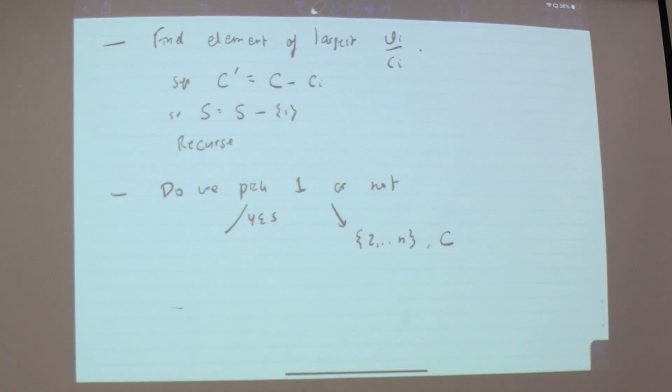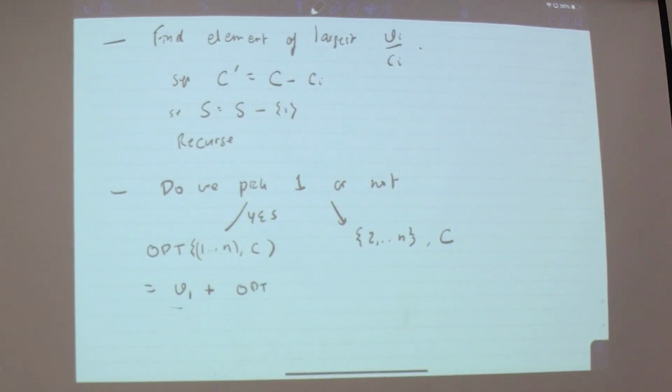Then the claim here is that the optimal solution on 1 through n and C can be broken into pick 1, so you get the value of 1, plus the optimal solution on 2 through n and C minus C1.